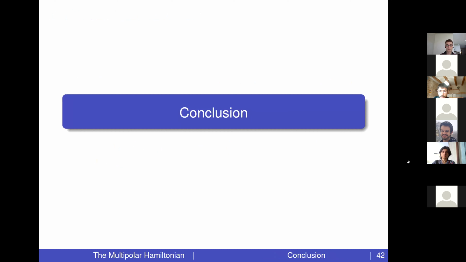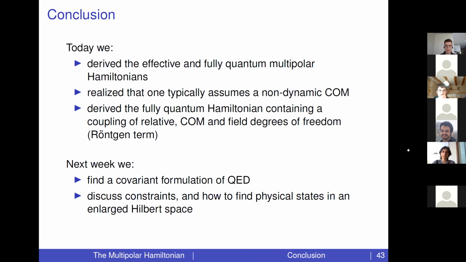Okay, so let me conclude. What we saw was that we had two ways to derive the multipolar Hamiltonian. The first, what I call the effective version, was just the usual models that we very often use, where we just have one electron coupling to the electric field operator, where the proton is just a classical degree of freedom that generates a Coulomb potential for the electron to be in.